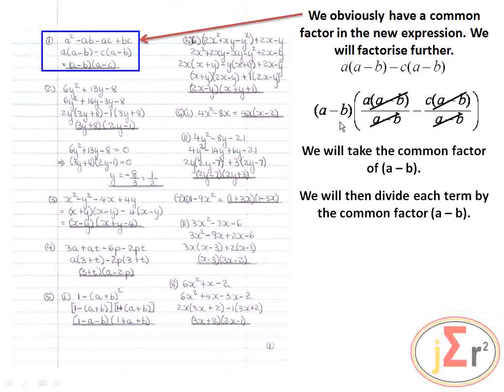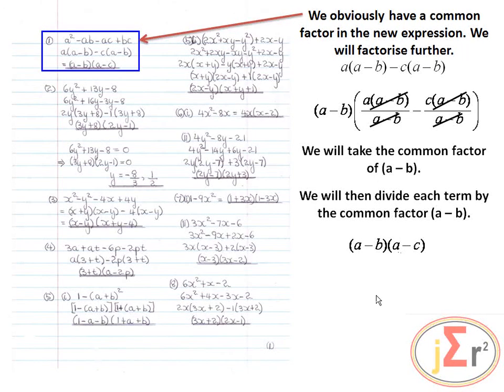Do not forget that we always have to include this common factor of A minus B, and what will remain after the reduction of the fractions inside of this large pair of brackets is A minus C. That's the only thing that is left, and that is why we have it right here.